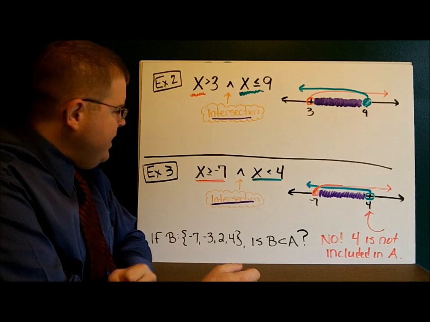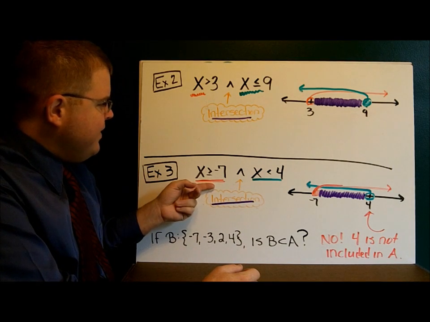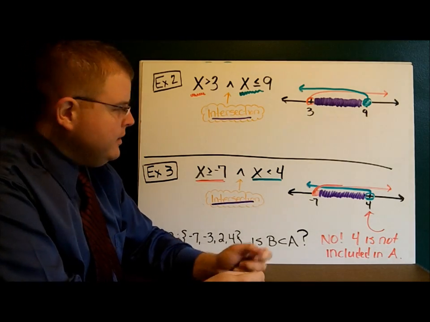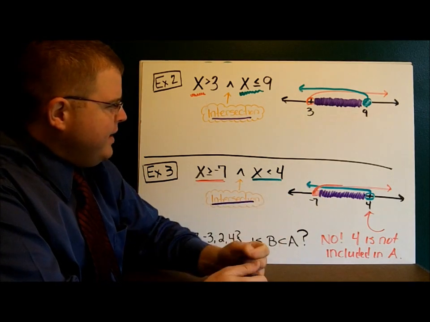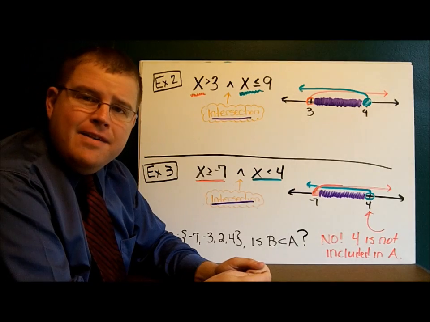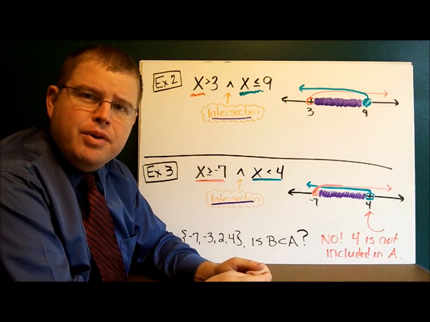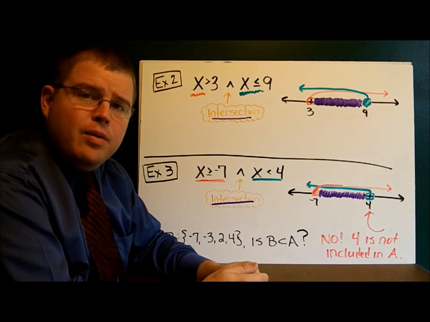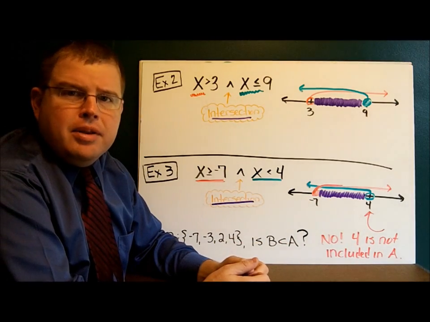On example 3, I have x is greater than 7 with the intersection x is less than 4. I've shaded both of those inequalities, and I found the intersection, that's the area in between. And that's what the set looks like as an inequality, written on the number line.